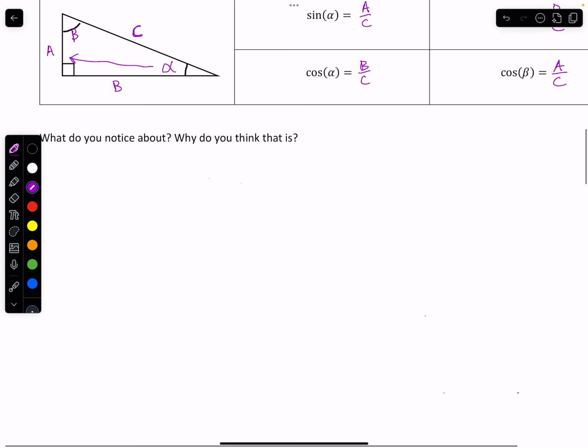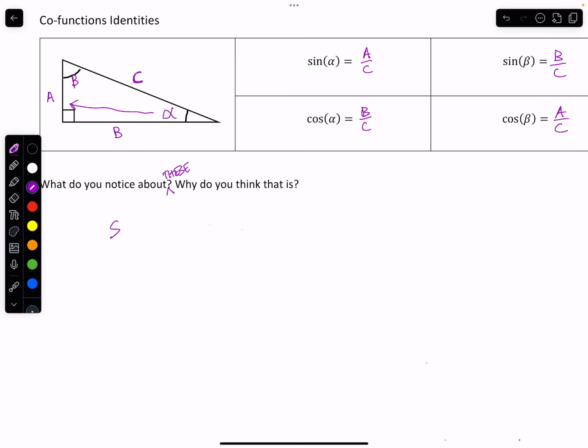Okay, what do you notice about these? We notice that sine of alpha is equal to cosine of beta. Why do you think that is? Well, it's because they're in the same triangle, and also these are co-functions.